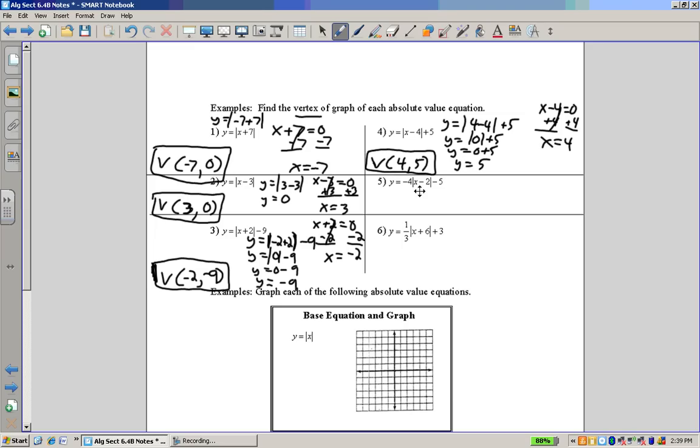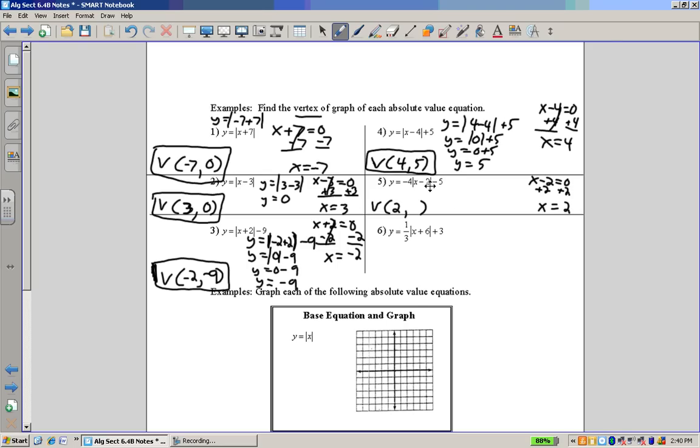Now we throw in something multiplied in front here. So let's try to go ahead and solve for my vertex. Find x, I'm going to set apart the x minus 2 equal to 0. So I add 2 to both sides, and x equals 2. So there's half of my vertex.